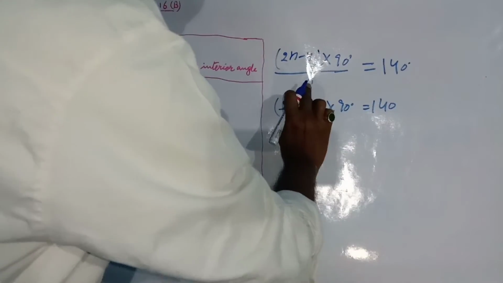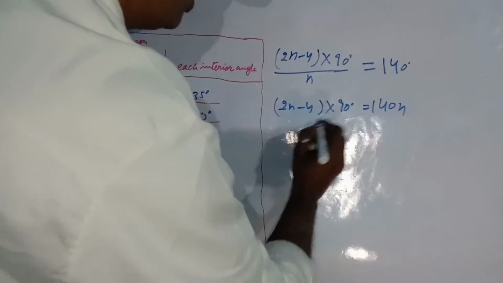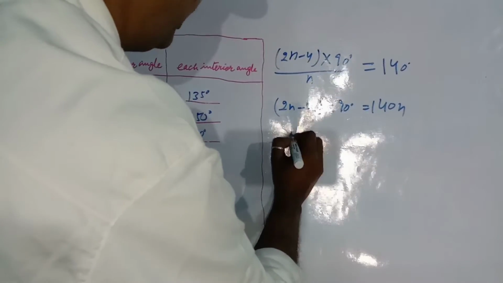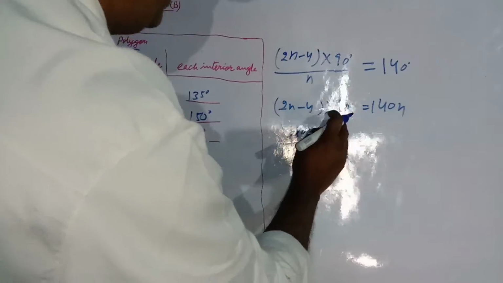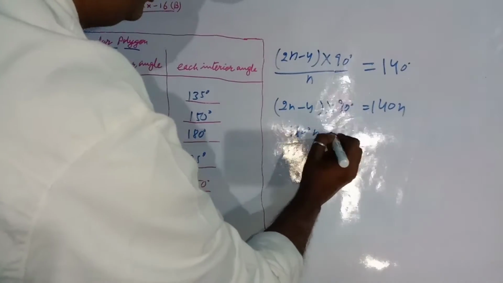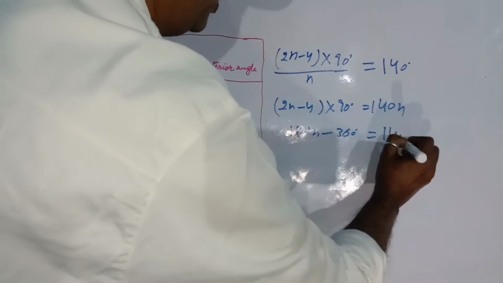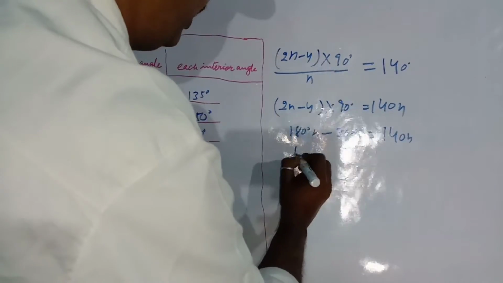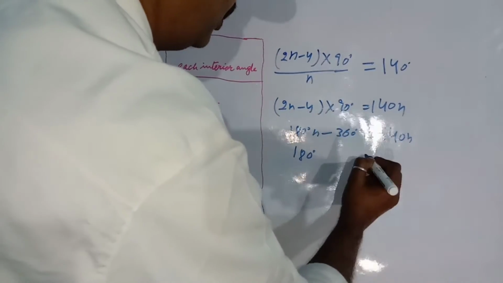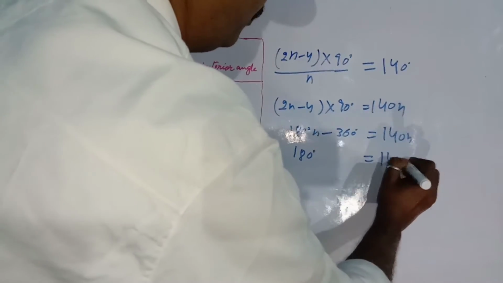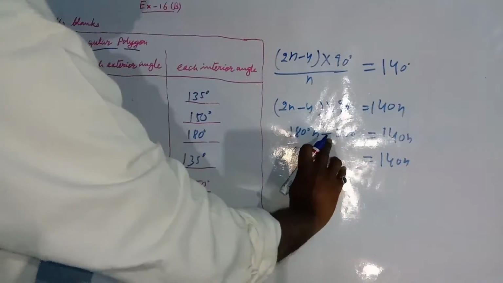Here we will take n, transpose this one, n. Then we will get 180n minus 360 degree equals to 140n. Now 180n, 140n, this one minus 360 will be here plus 360.